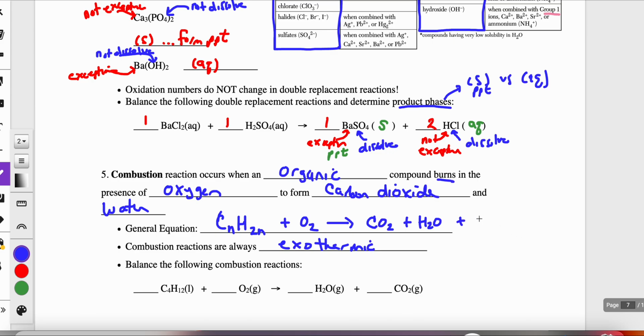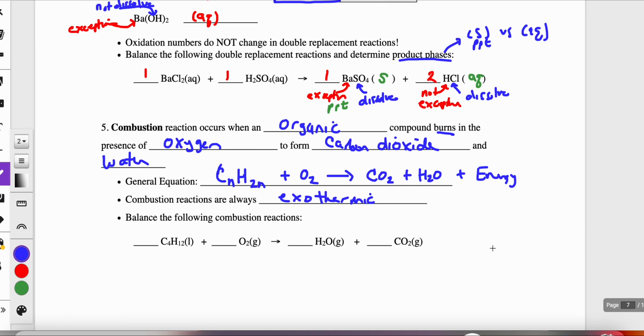So if you need to talk about energy, it'll always be on the product side. If you take a quick look at this reaction, this formula starts with carbon, immediately followed by hydrogen. So this is what an organic formula will look like, with oxygen forming water and carbon dioxide.